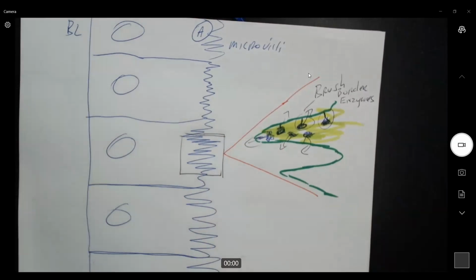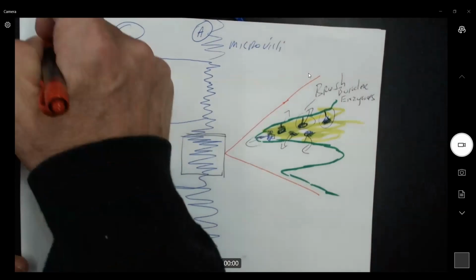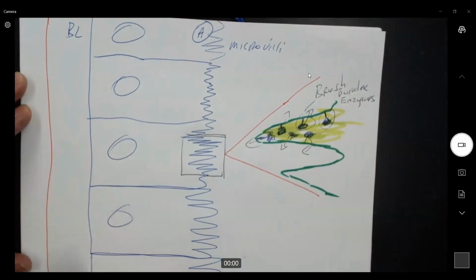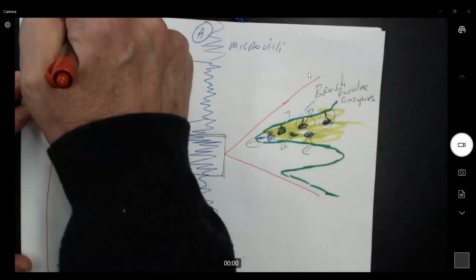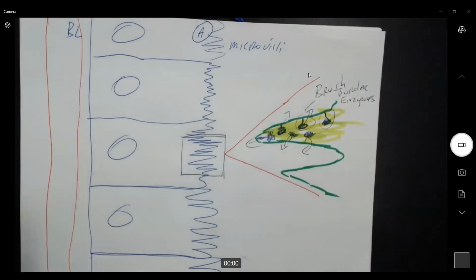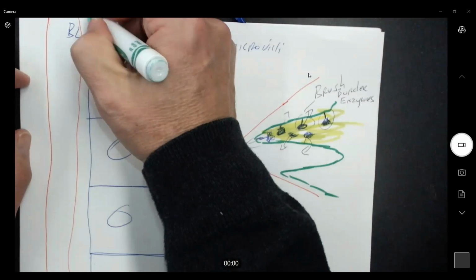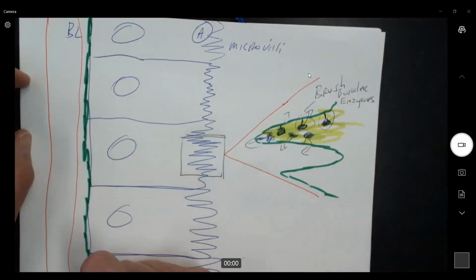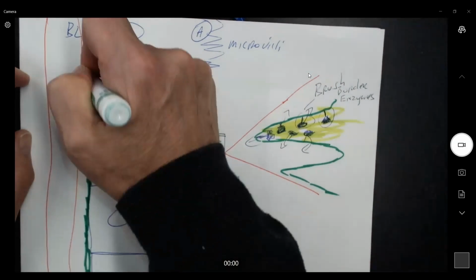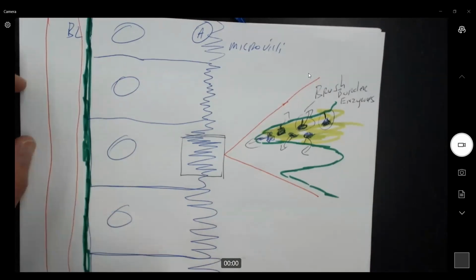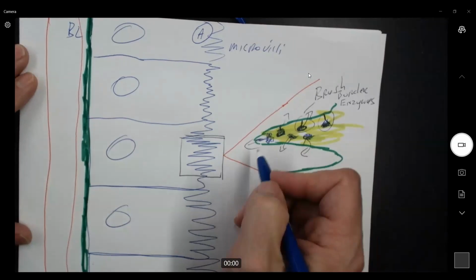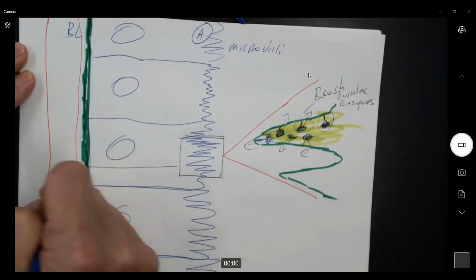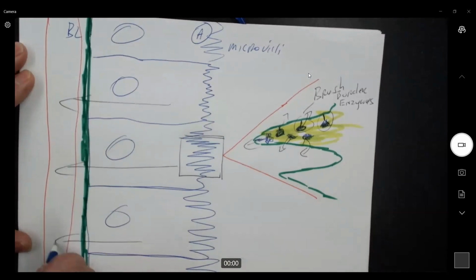And of course, over here, we have also a basement membrane down here. Like all good epithelia, this sits on a basement membrane. But then from that basement membrane, these cells are going to take these monomers, they're going to send them straight into the bloodstream.